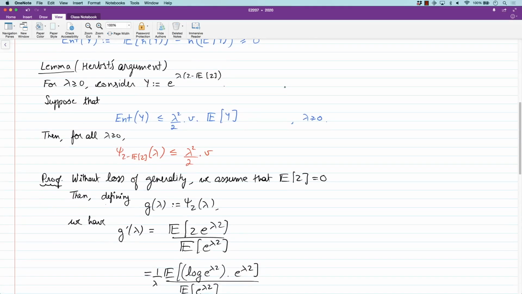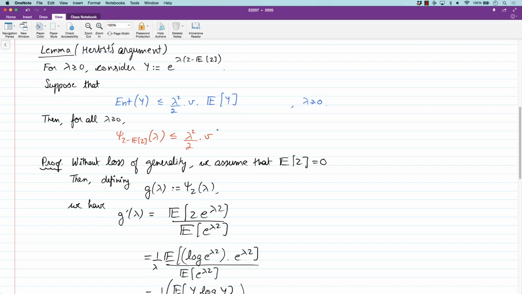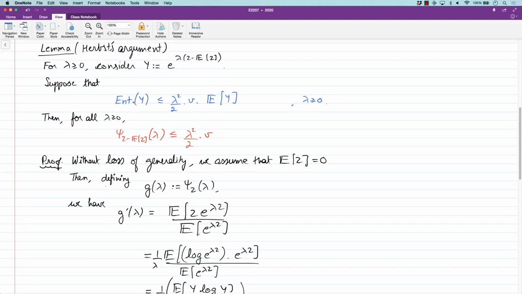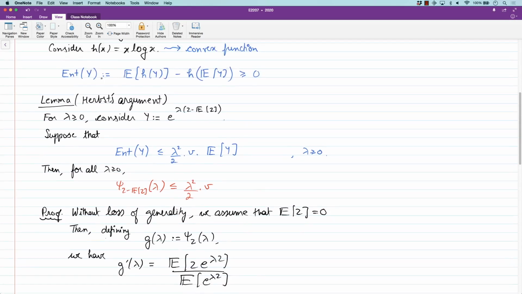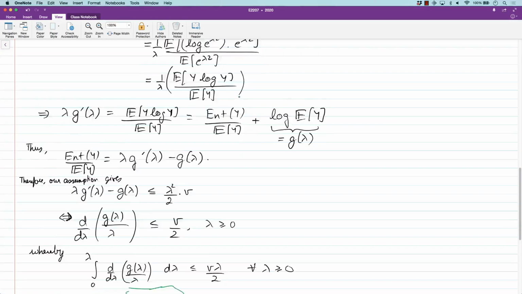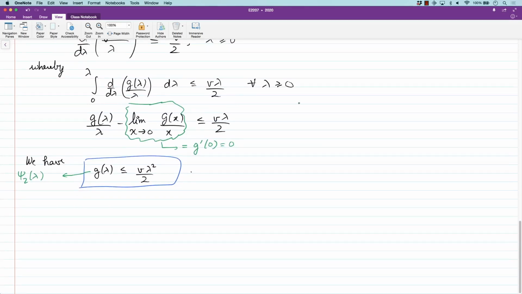And now what we need is some argument that can tensorize this condition here, that entropy of y is less than or equal to lambda square by 2 times v, expected value of y. In fact, that tensorization argument will follow from some information theoretic properties, because this function is reminiscent of quantities like KL divergence that we see in the information theory course. I'm assuming some of you have taken that course before.